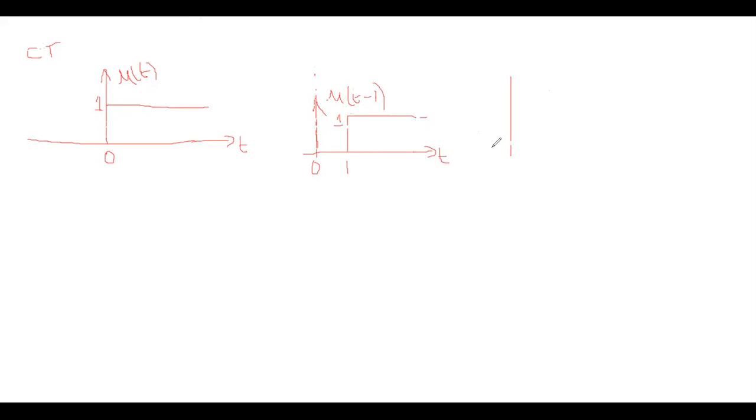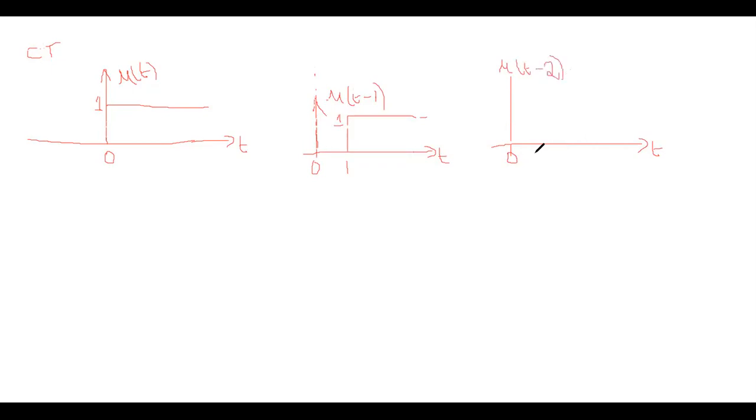Similarly, if it is shifted with two samples, the reference value is 0 here. You can write it as mu of t minus 2.